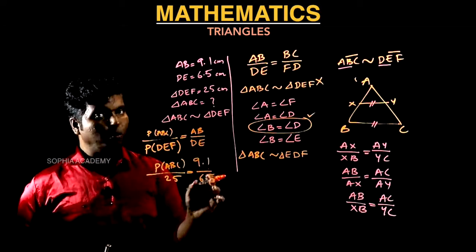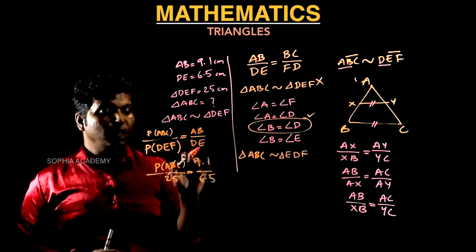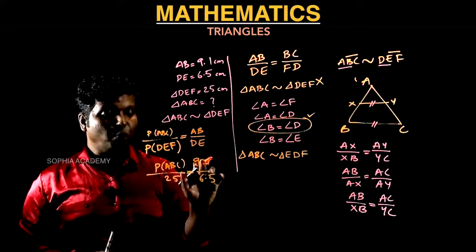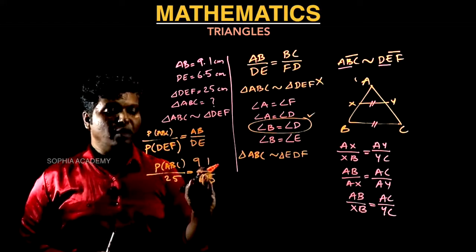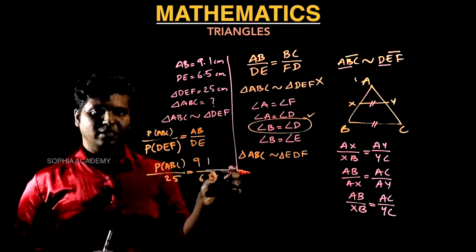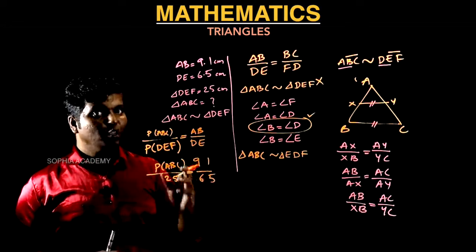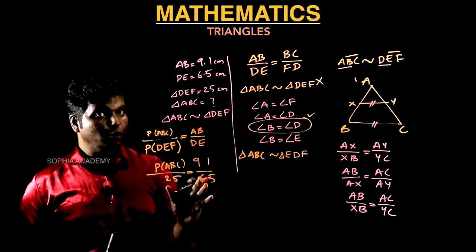You can multiply the top and bottom by the same number, it doesn't make any difference to the given fraction. While multiplying by 10, the point will vanish from both. Now it becomes 91 and 65.